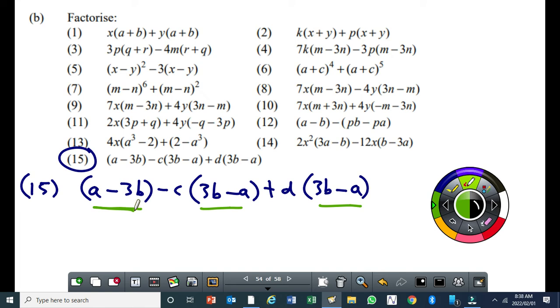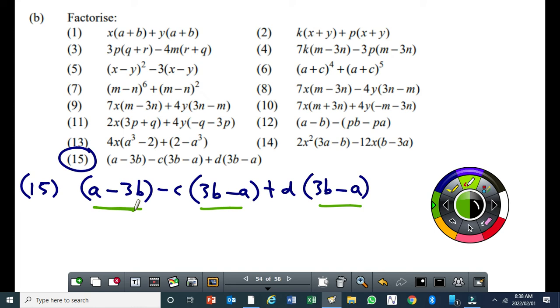There might be different terms in how you write them. Because obviously, if you decide to have your common factor in the end as 3b minus a, it's going to affect the one which is here, which is invisible. It's going to affect this minus c. It will also affect that positive d. All right. I think I'll probably do it as method 2.